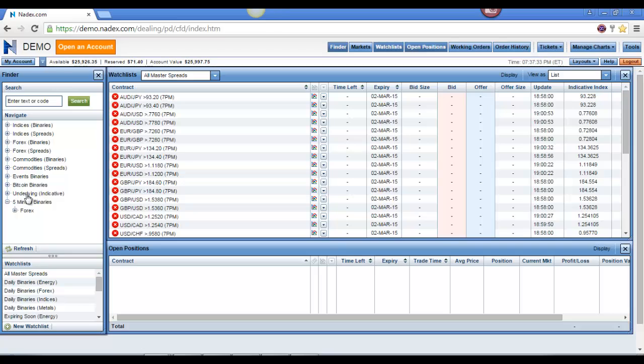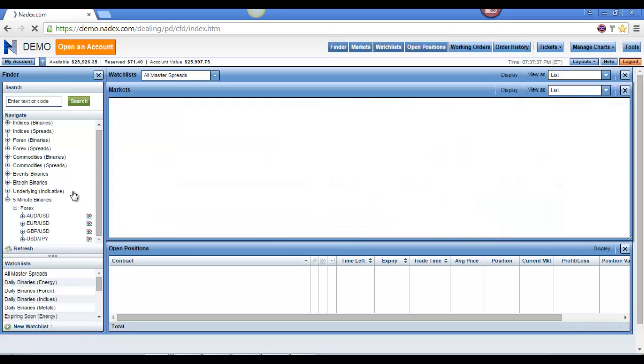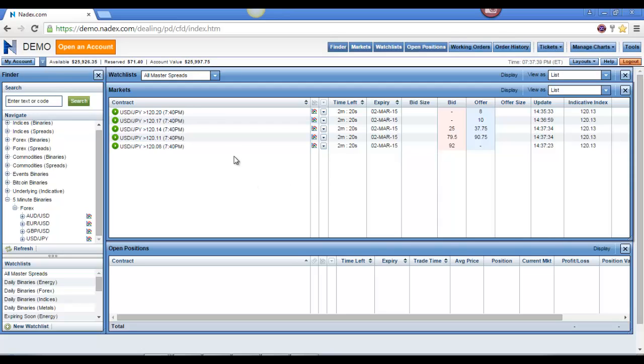Here's some 5-minute binaries, let's just pull up the dollar yen. Here's the binaries we've got right now on the dollar yen. You'll see there's a bid and offer. We've got this one here, 120.14 and 120.11. Those are the strike prices. You've got a bid and offer. See right here, time left to expiration, 2 minutes.